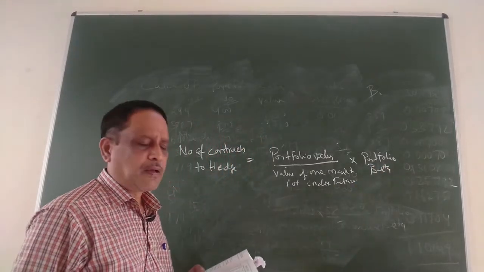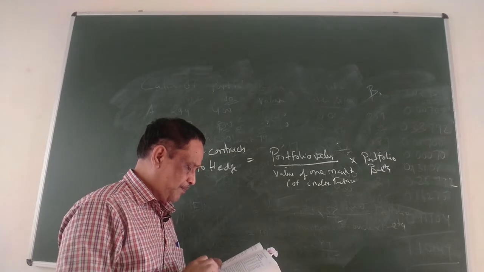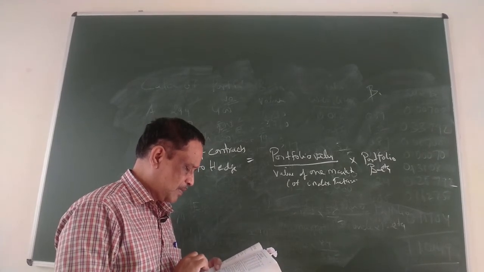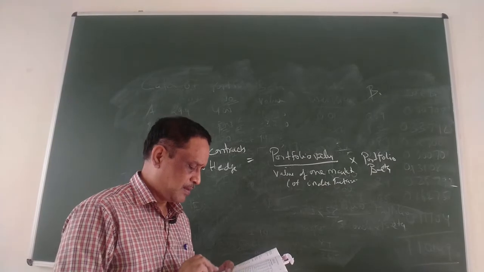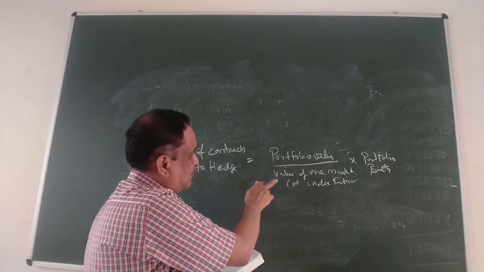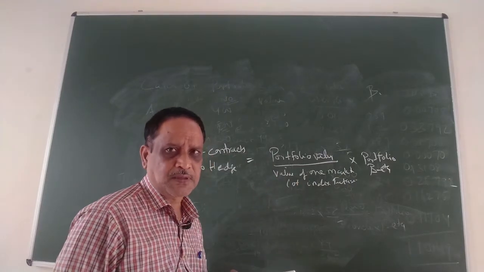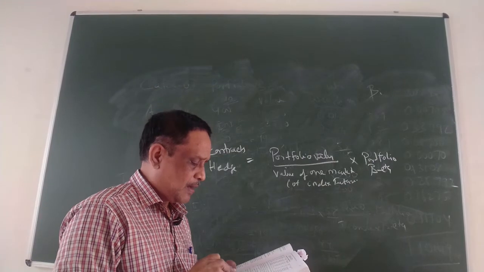So we have calculated the value of the portfolio, that is 9,94,000, and the value of one market lot of index futures we need to calculate.